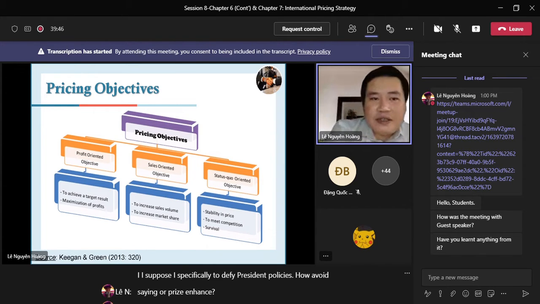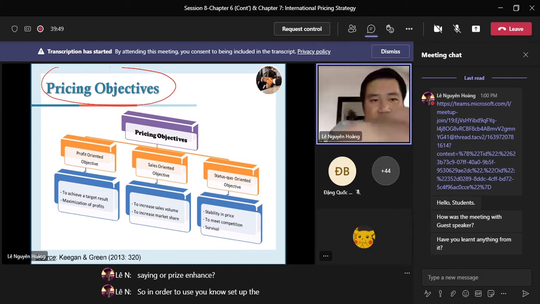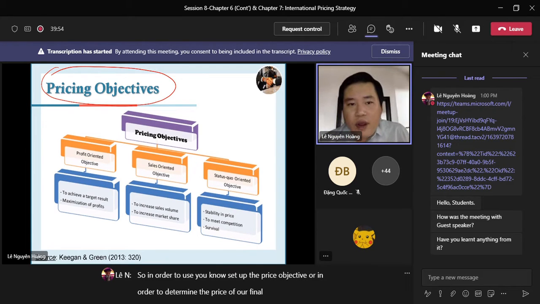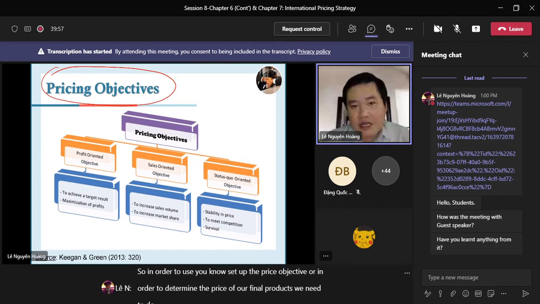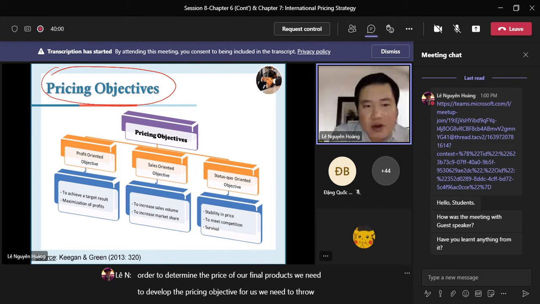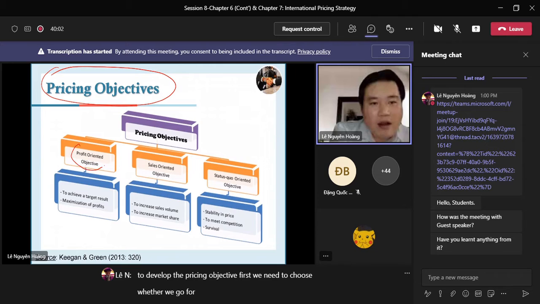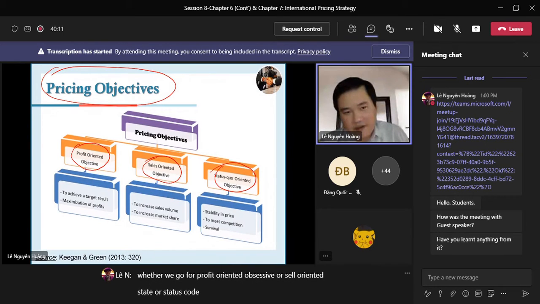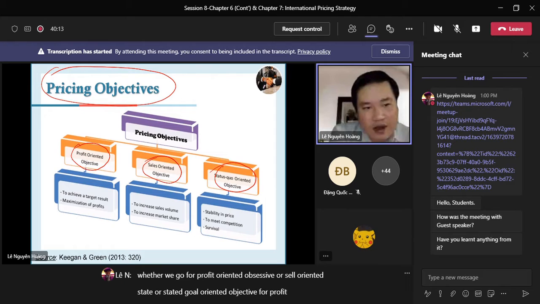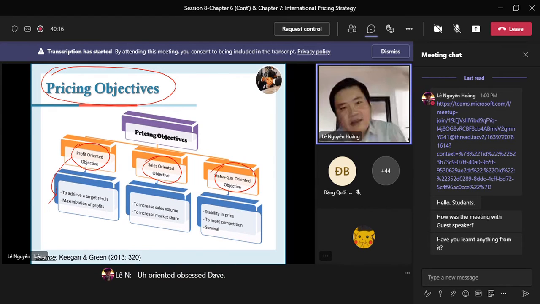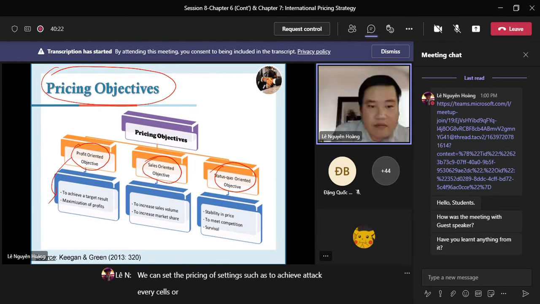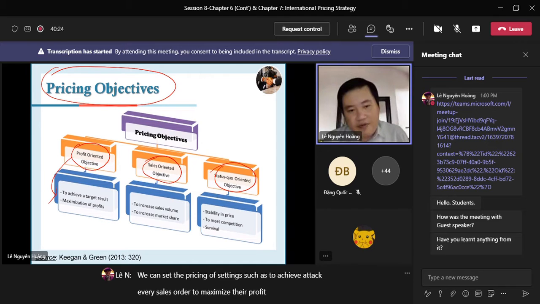So in order to determine the price of our final products, we need to develop the pricing objective first. We need to choose whether we go for profit-oriented objective, sales-oriented objective, or status quo-oriented objective. For profit-oriented objective, we can set pricing objectives such as to achieve a target result or to maximize our profit.